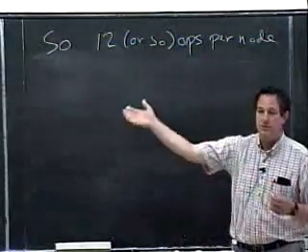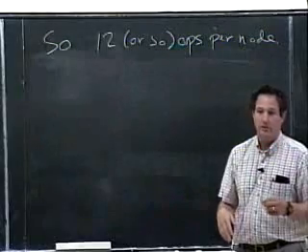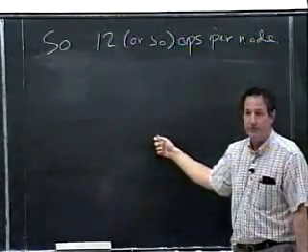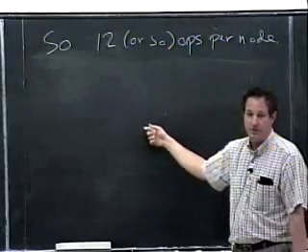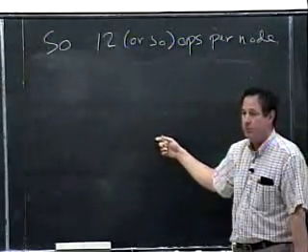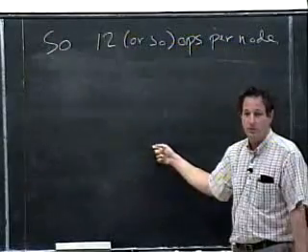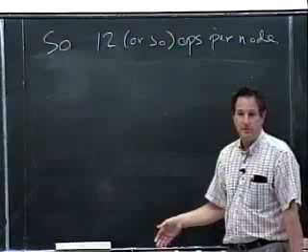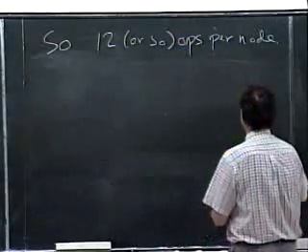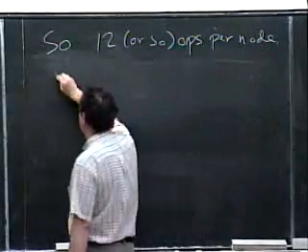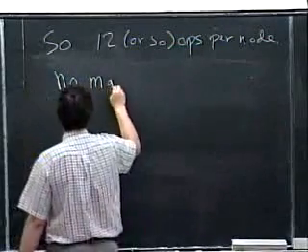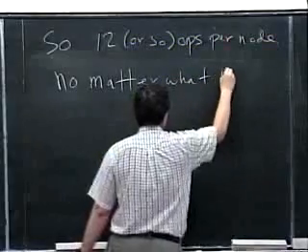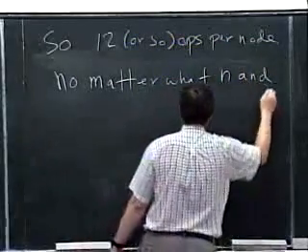This could have been a 1,000 by 1,000 graph, and at any interior node in that graph, you're still just doing 12 operations. The number of operations per node does not grow as the size of the graph grows. Okay? 12 operations per node, no matter what n and m are.